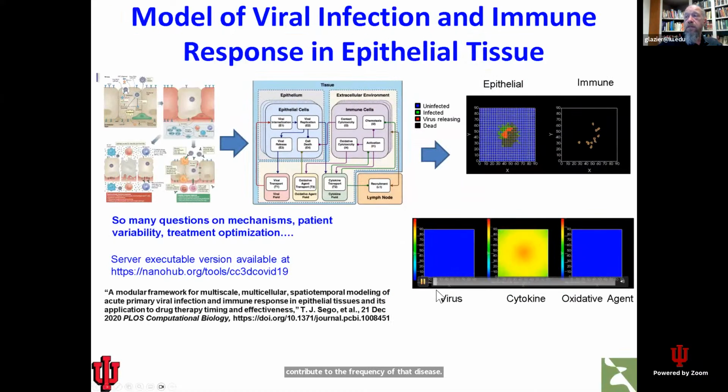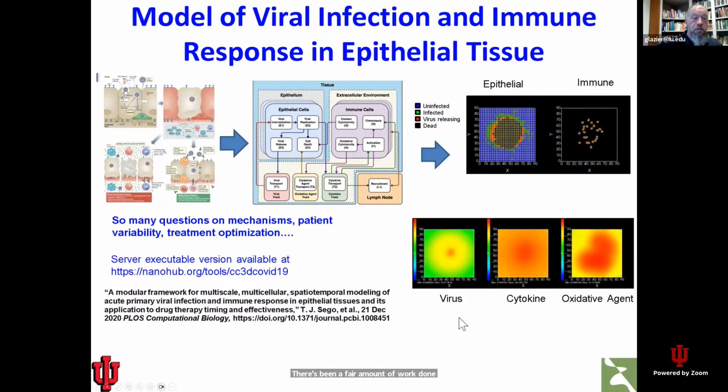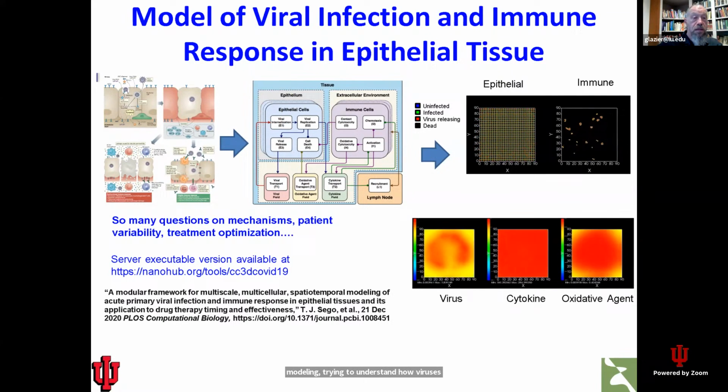There's been a fair amount of work done with multi-scale modeling, trying to understand how viruses invade the body and how the immune system responds to those viruses. This is a simulation that was done actually initially as a student project, looking at a patch of lung tissue. In this, we simulate the infection of a single cell in the lung.